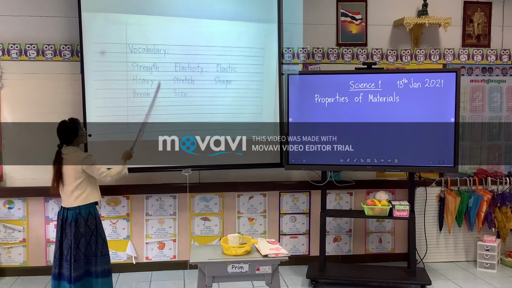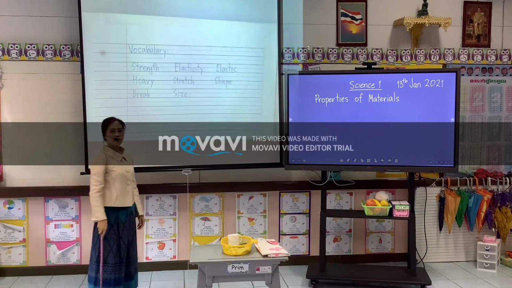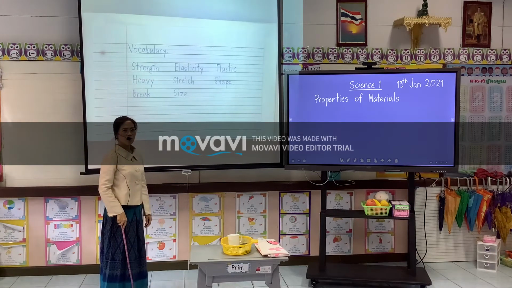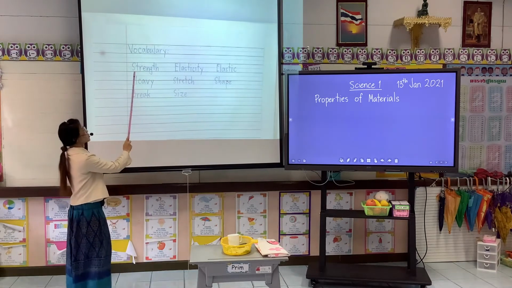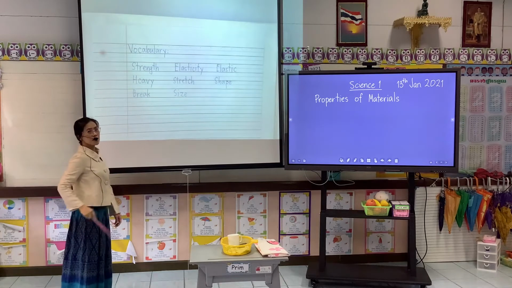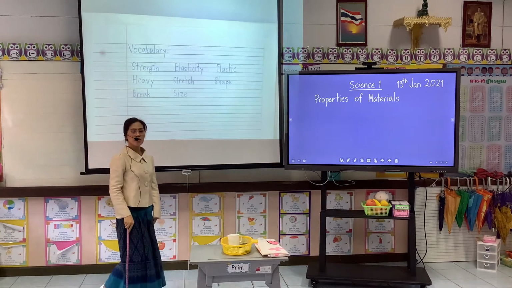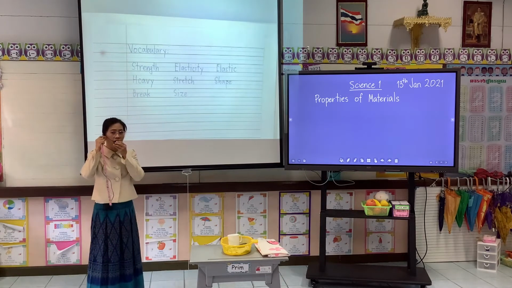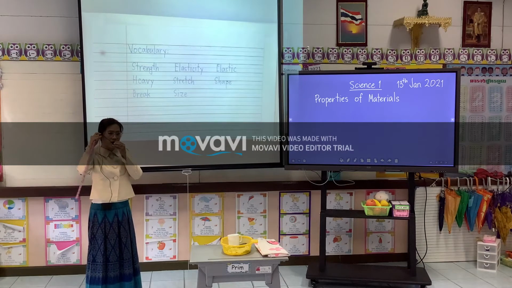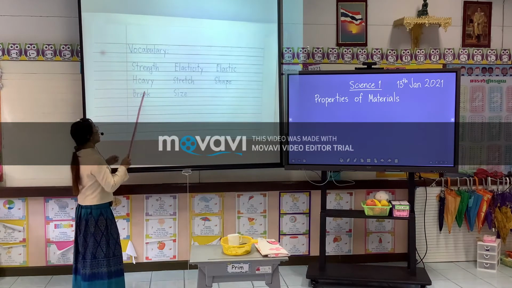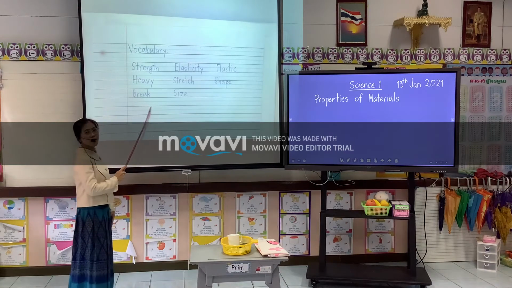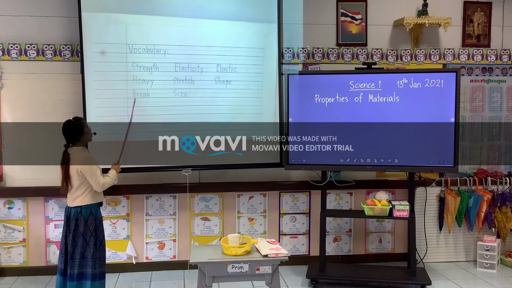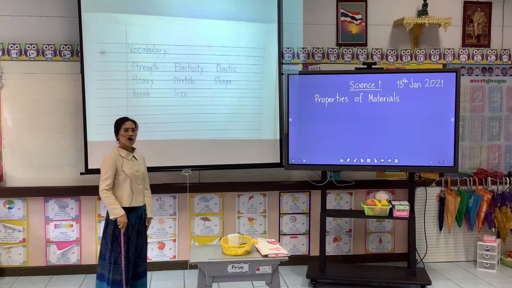Strength meaning to say if the material is strong or weak. Heavy. Some materials are heavy and some materials are light. Is the material heavy or light? Heavy meaning to say it's hard to lift, just like in our math lesson. Break.